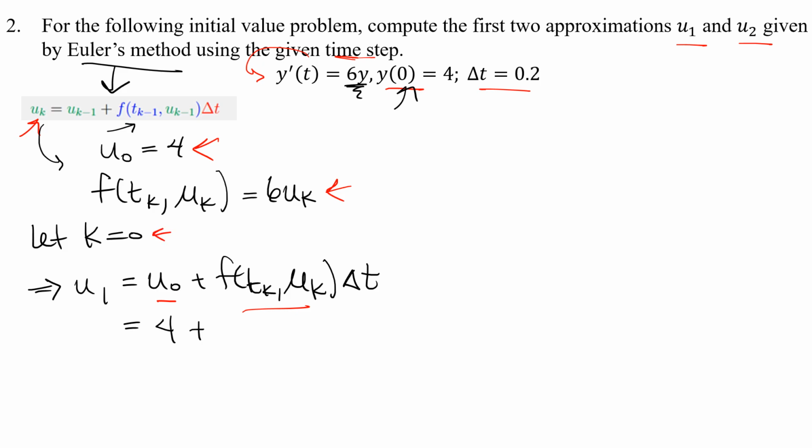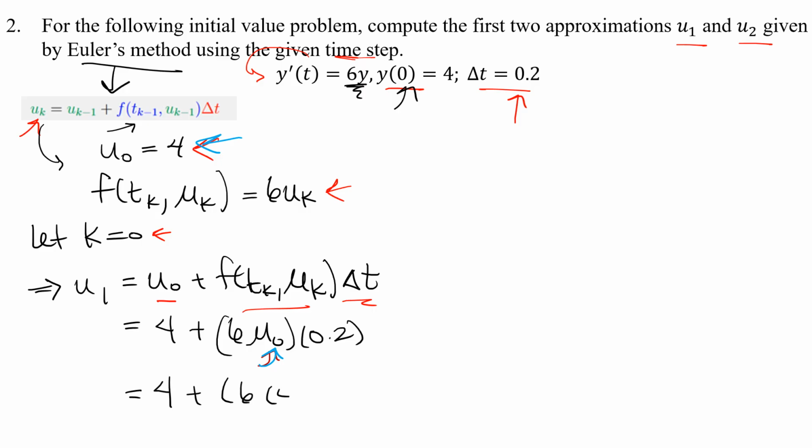So here we're going to replace that with 6u sub 0. And then we have our change in t, and we know that's simply 0.2. Now all we have left to do is replace our u sub 0 here with our initial condition 4. So we're just going to put a 4 right there, and that is multiplying together. So 4 times 6 times 4, and then times the 0.2.